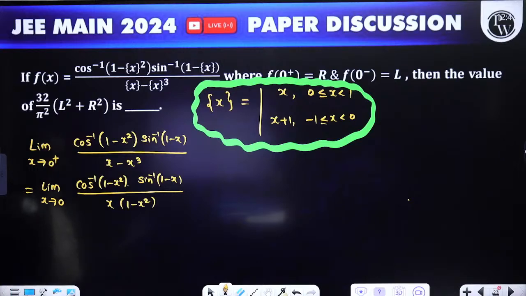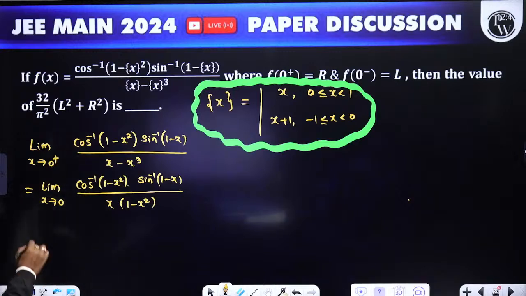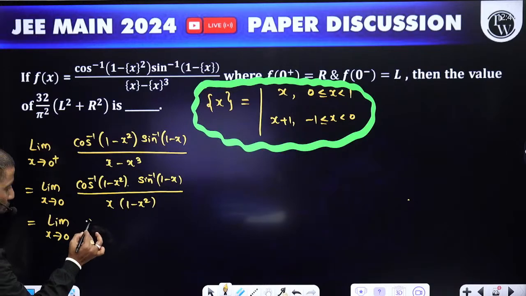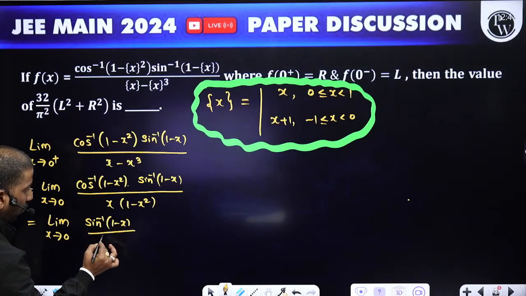So x is equal to 0, 1 minus x square, no problem. So here the problem is with these two terms, limit x is tending to 0. There is no problem with the sin inverse of 1 minus x by 1 minus x square.